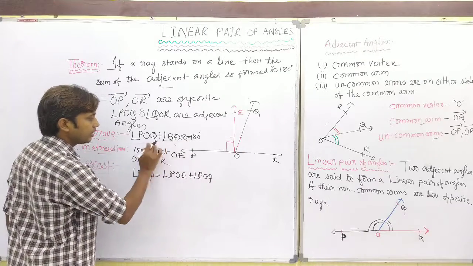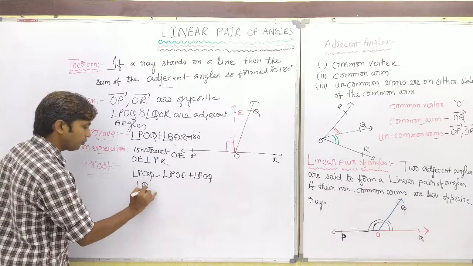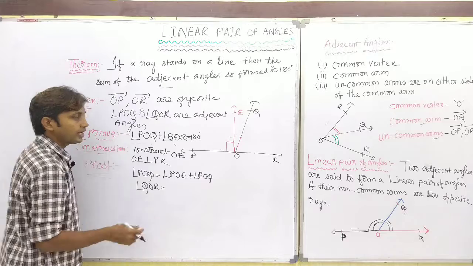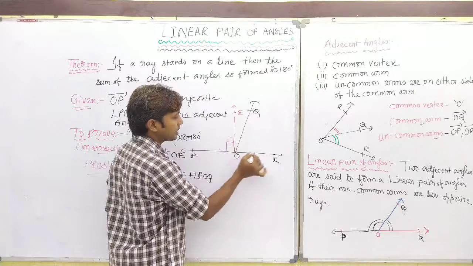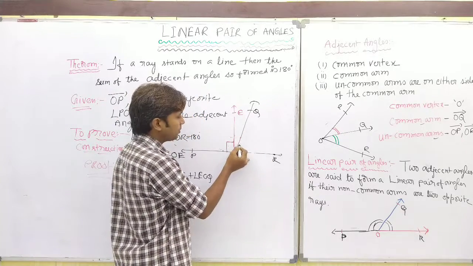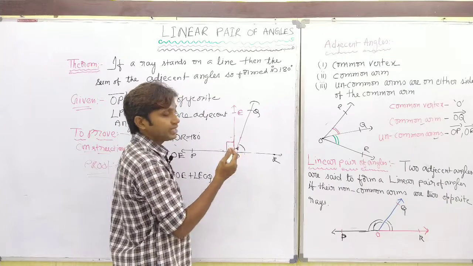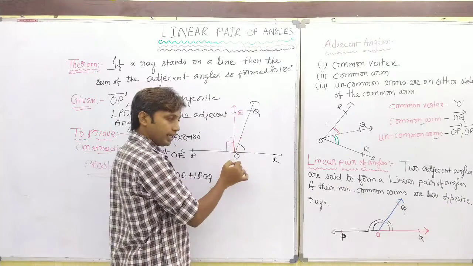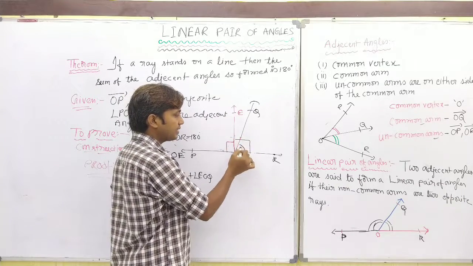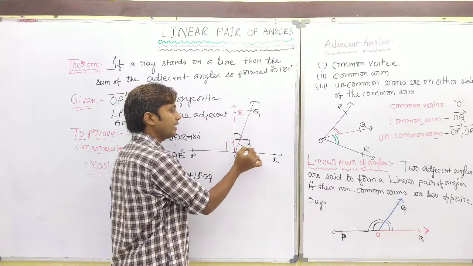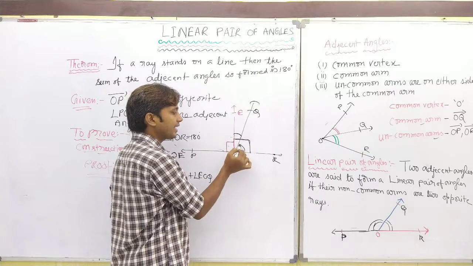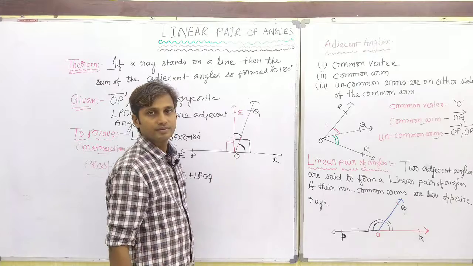Now what is our next angle? QOR, or not? Now take QOR. QOR can be further split to what? See here, QOR means this angle. Now QR means this one. Now how to get this angle? If you consider OE, this total angle minus this small angle, can we get this or not?